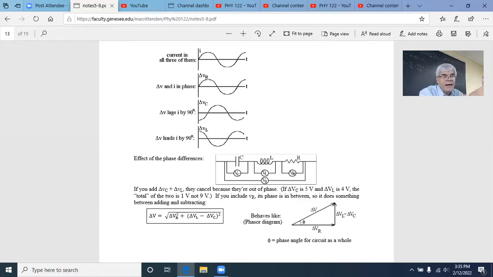But if you're talking AC voltages, if you refer back up to those graphs, notice that whenever the voltage on the capacitor is positive, the voltage across the inductor is negative. And whenever the capacitor is negative, the inductor is positive. So it's not two steady voltages you're adding together, it's two vibrations, two waves, using the word rather loosely.